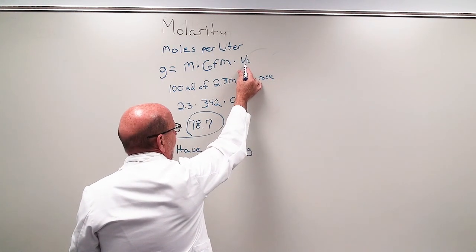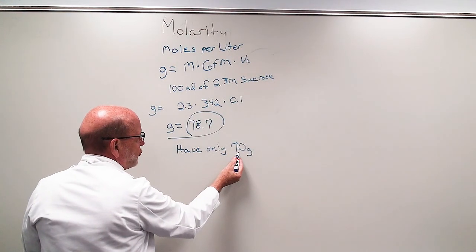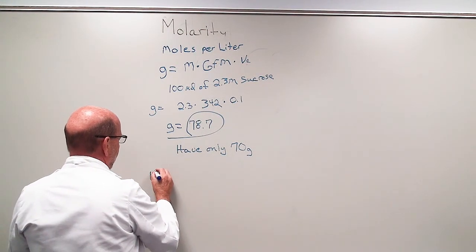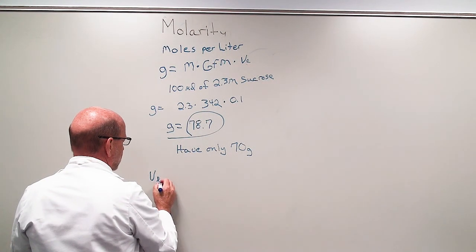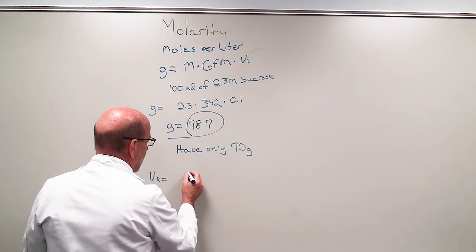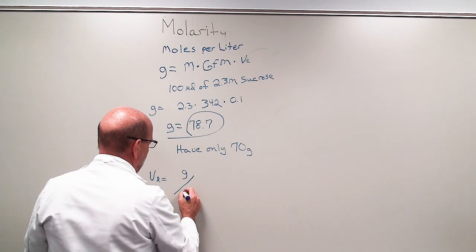So I have to change my volume to make that. So now we're going to solve the same thing, only we're going to solve for the volume. And when I do that, and of course with a little bit of algebra, it doesn't take a lot, but just pay attention. My volume is going to be grams divided by the molarity times the gram formula mass.